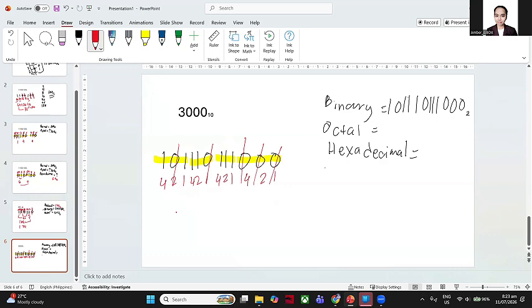The first group: 4 plus 1 is 5. The second group: 4 plus 2 is 6. 4 plus 2 plus 1 equals 7. And there's none for the other group. So our answer for the octal is 567.